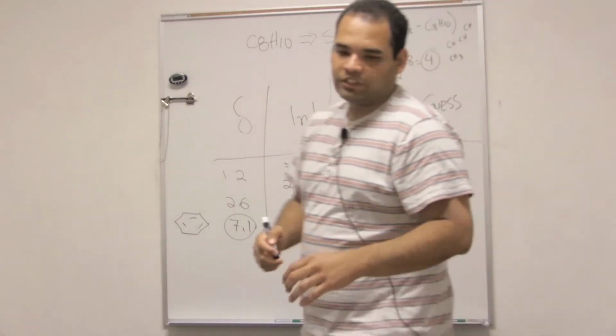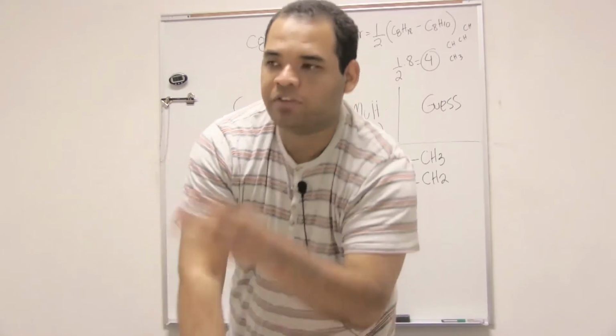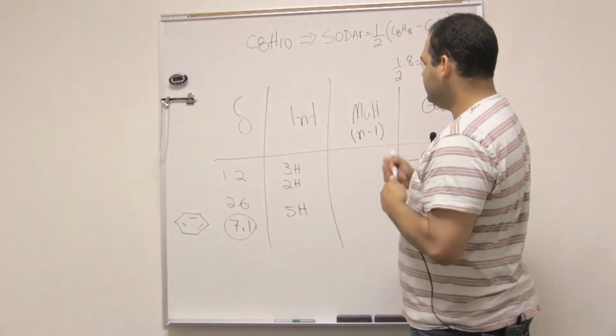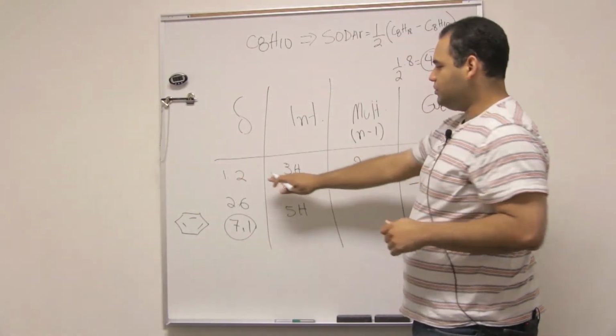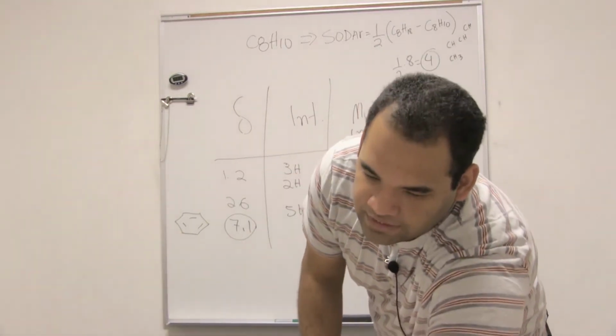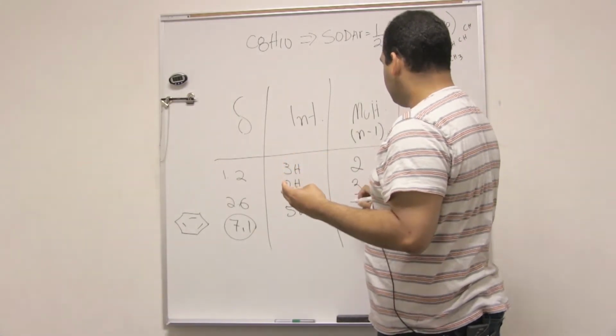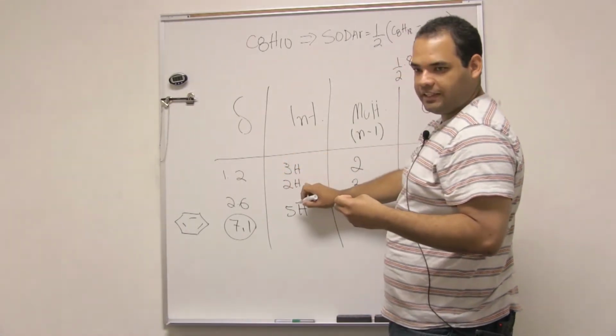And then I go for the multiplicity. It's a triplet, meaning 3 minus 1, I have 2 neighbors with this one. And the next one is a quartet, 4 minus 1 is 3, so I have 3 neighbors with this one.